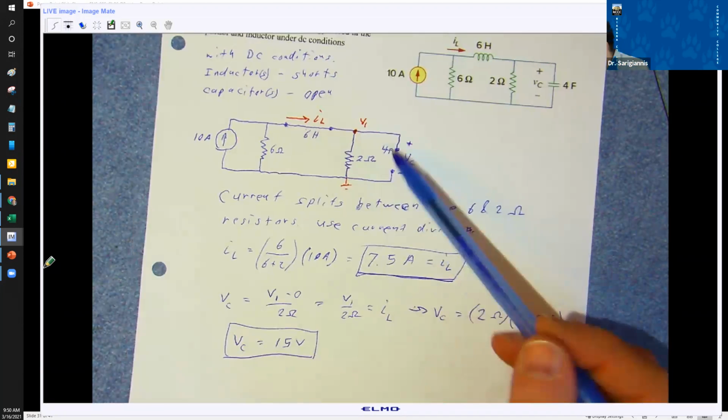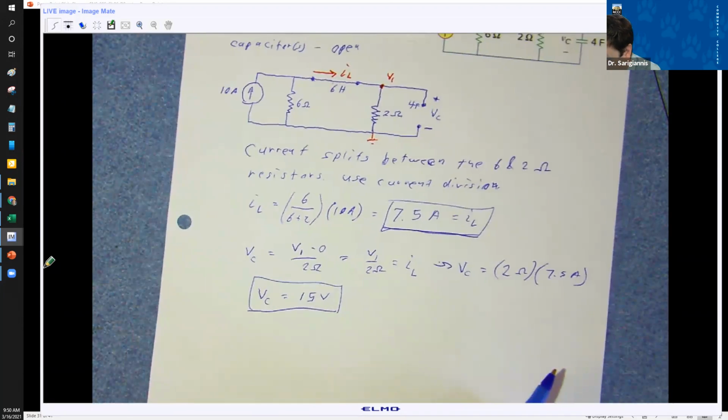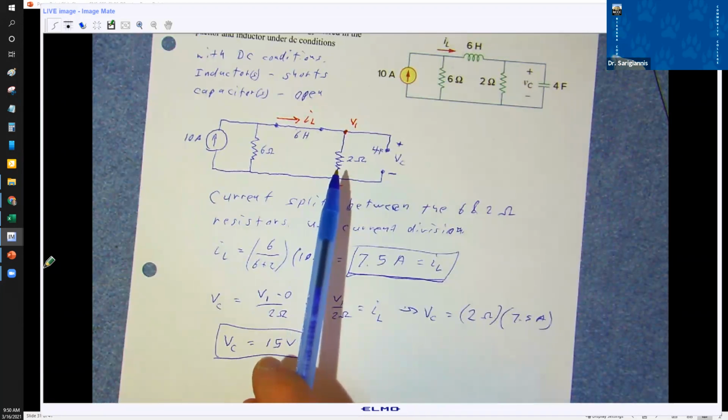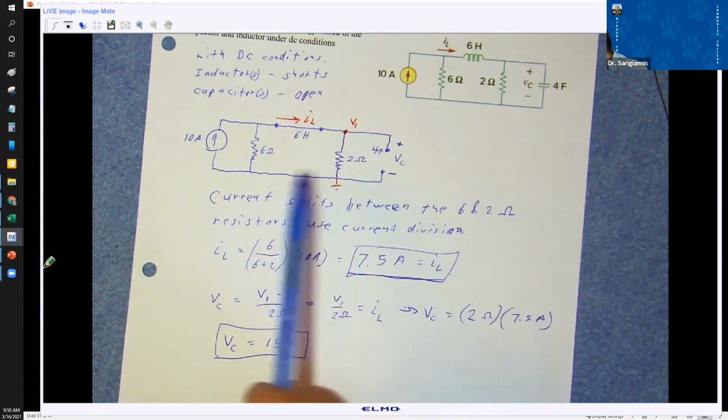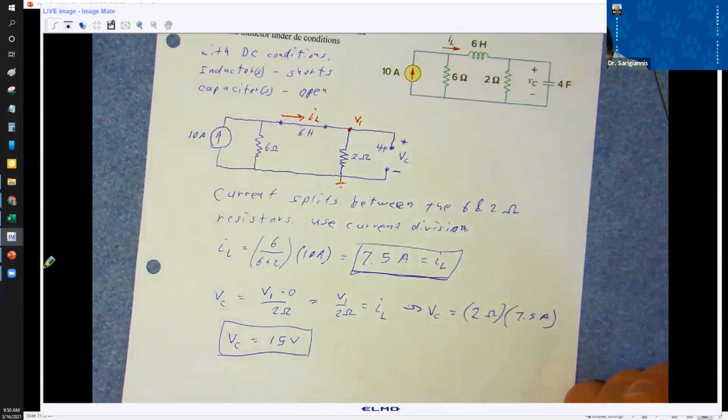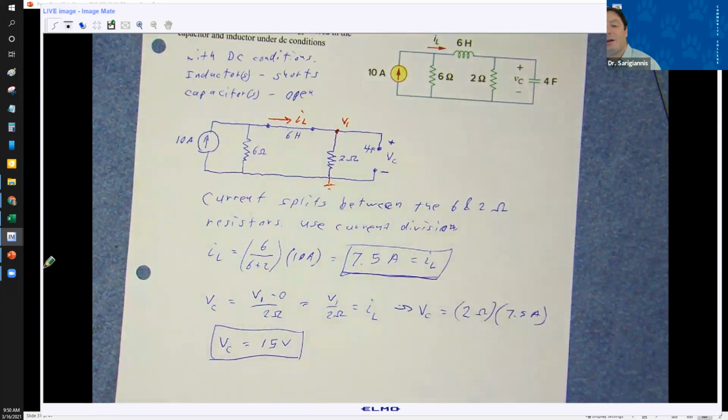They both join at the same node. So this is something that I think maybe throws people when we start mixing the components, right? To this point, you've always seen it with resistors in parallel, resistors in series. The same concepts still apply, particularly voltage potential, right?